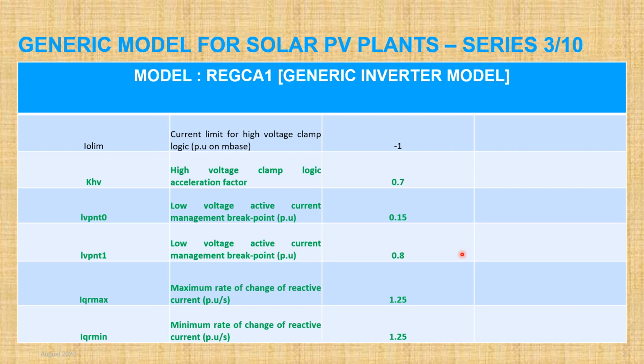The other two parameters, IRQ max and IRQ min, are basically the maximum rate of change of reactive current and the minimum rate of change of reactive current. In the last slide we saw it for the active current, and in a similar fashion it applies to the reactive current. It is also spelled out in the grid codes at what maximum rate it will inject reactive current after any fault occurrence. So for that we have to calculate, and accordingly select these values.